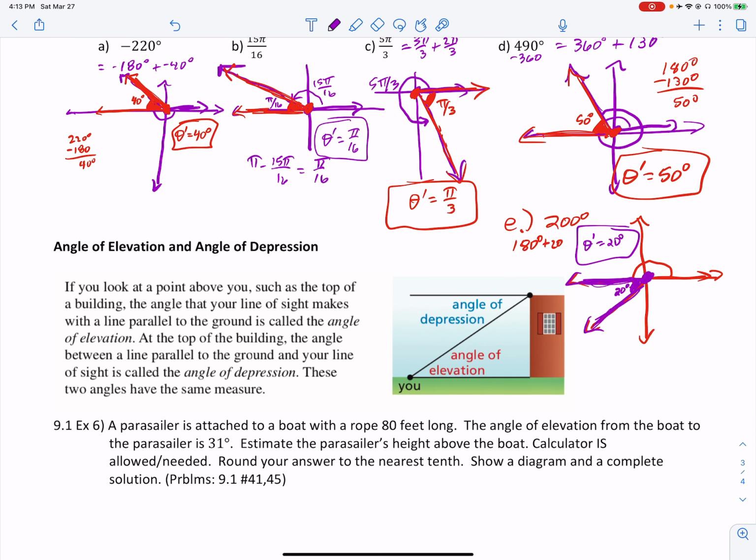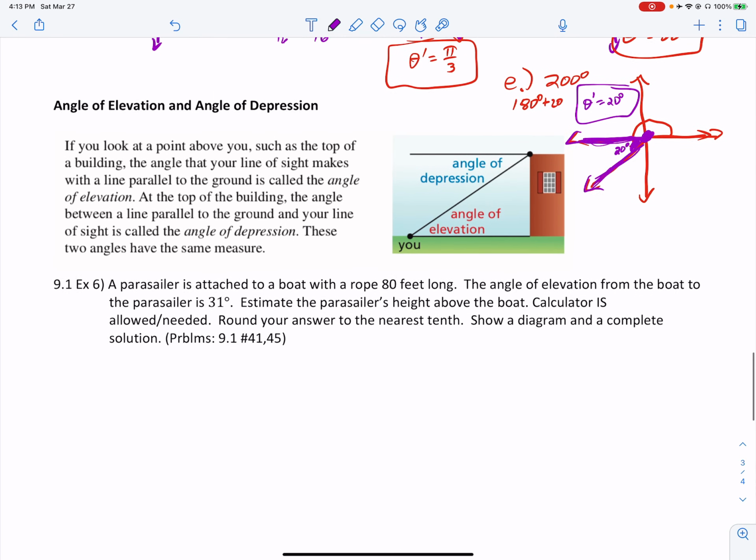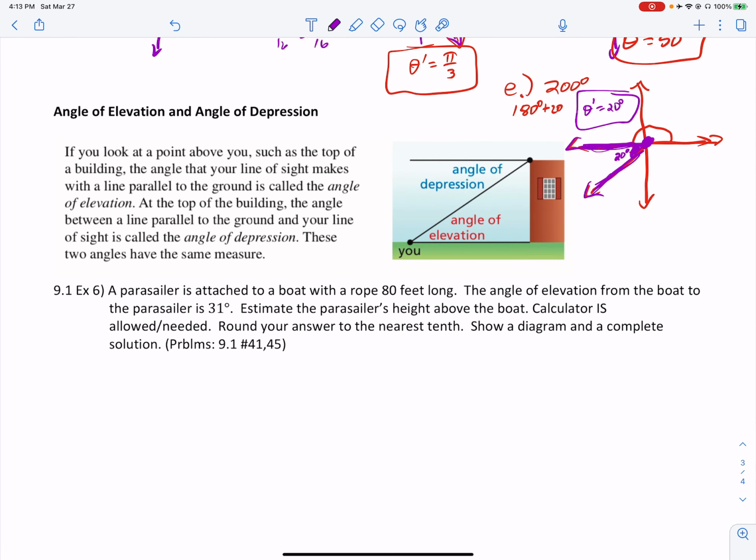All right, then a quick little review from geometry. I just wanted to go through angle of depression and angle of elevation. If you look at a point above you, standing at the ground, such as the top of a building, the angle that your line of sight makes with a line parallel to the ground is called the angle of elevation.